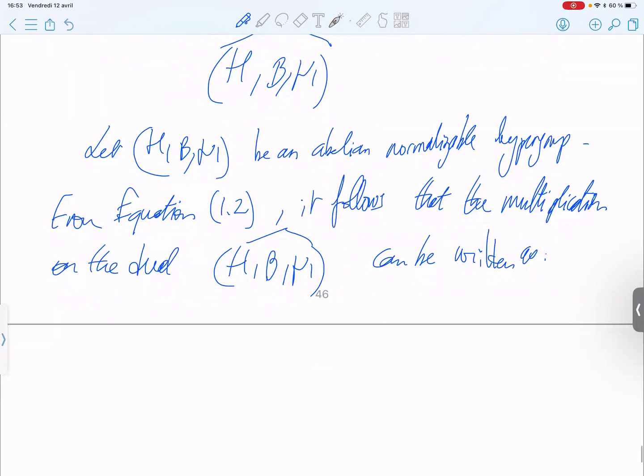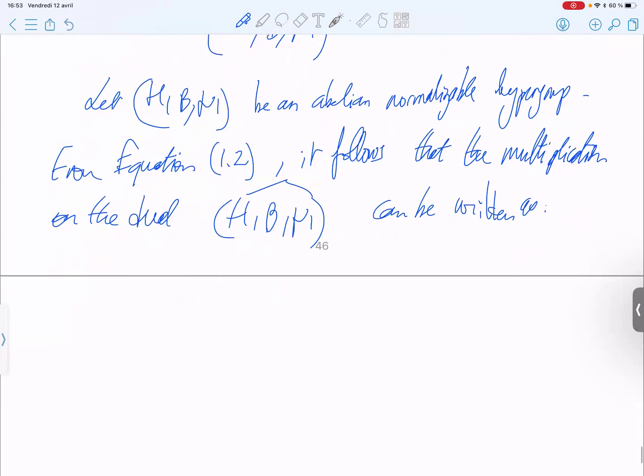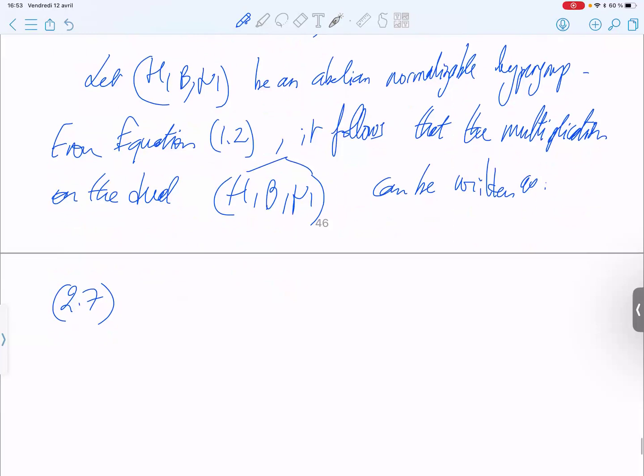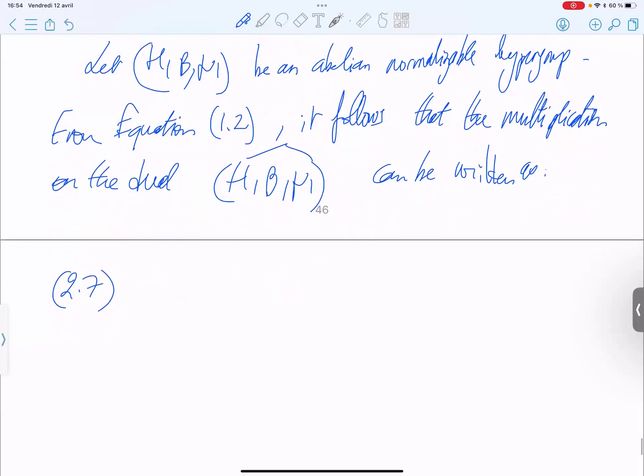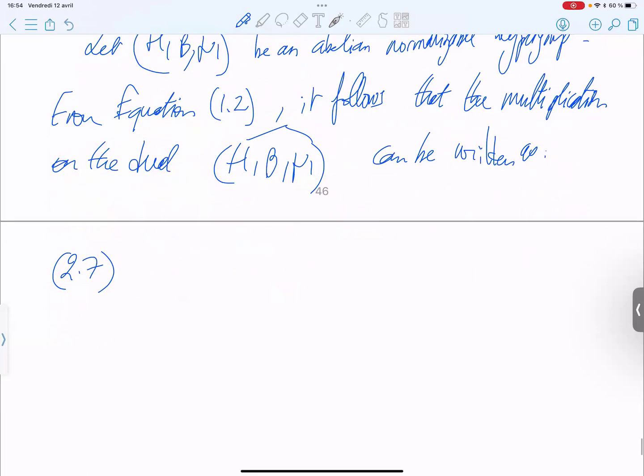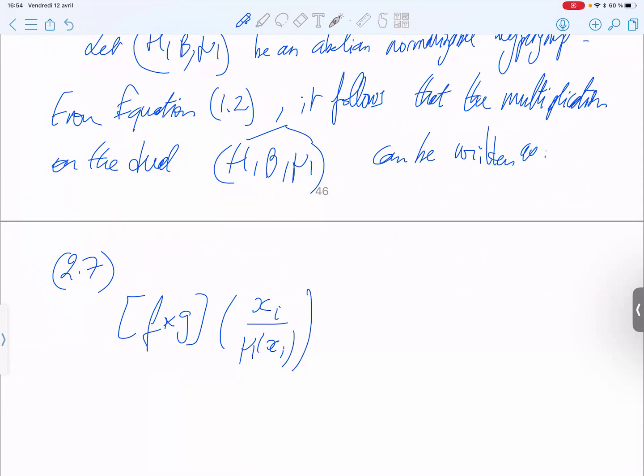So you just copy and paste the formula for the abelian normalized case we did in the introduction, but you replace it by the normalized basis.